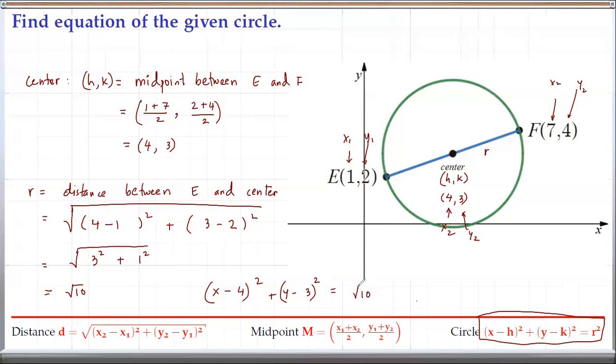Radius r is the square root of 10, so we just square that. We can simplify this just a little further. So on the left side, we have x minus 4 squared plus y minus 3 squared equals, the square root of 10 squared is 10. So this is the equation of the circle.